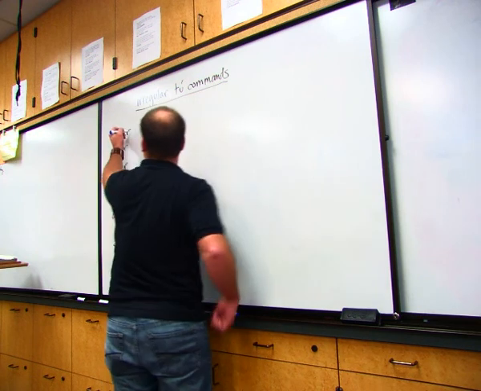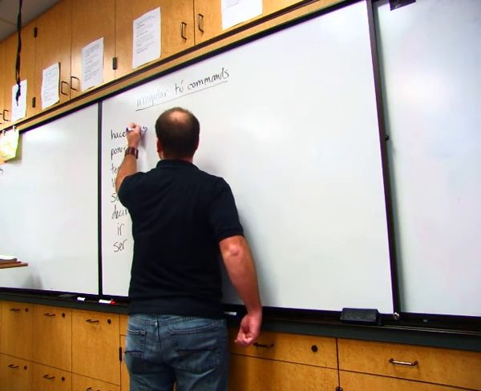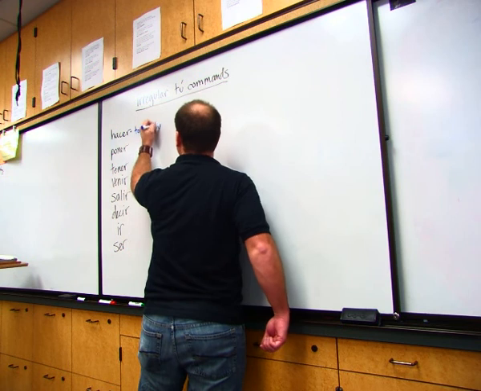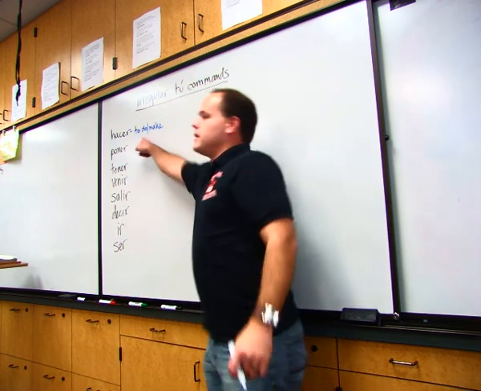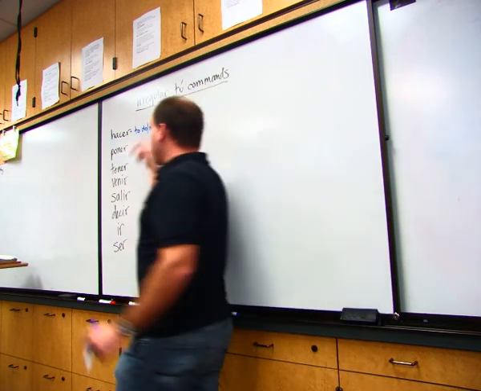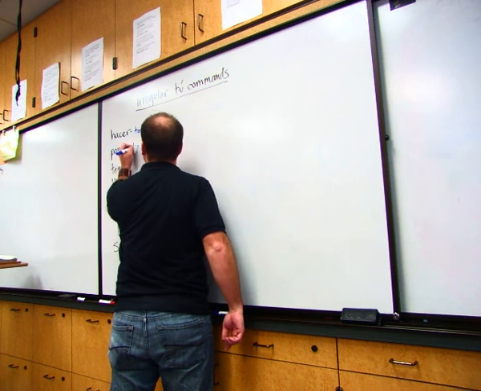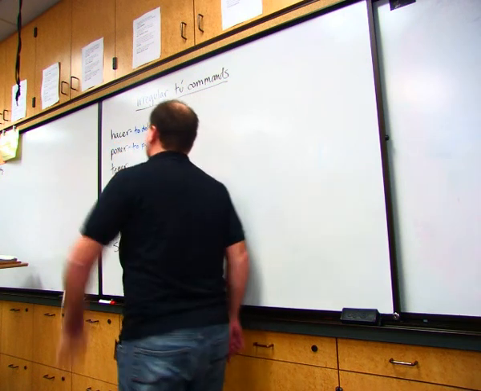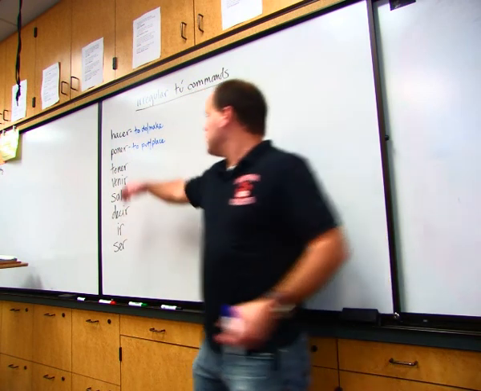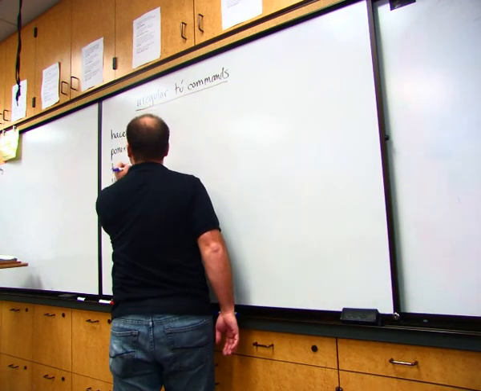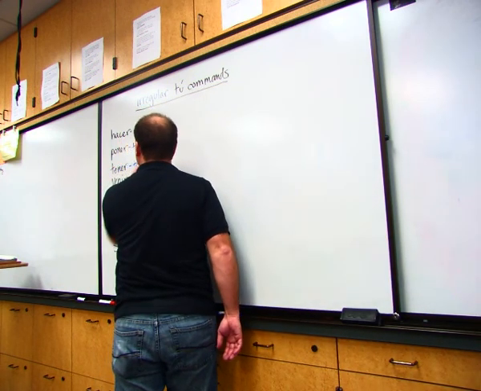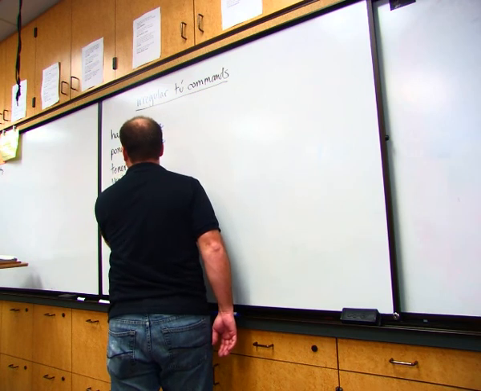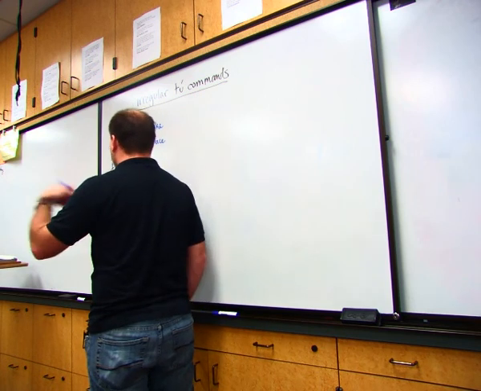What's hacer? To do or to make. Hacer la tarea, hacer la comida. Okay, poner, what's poner? To put or to place. Poner la mesa. Tener, to have. Venir, to come.